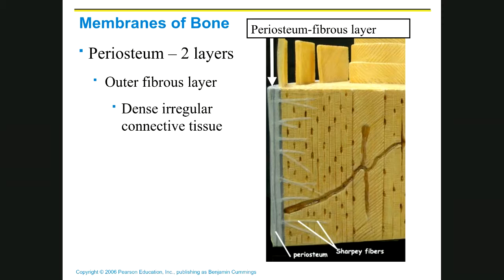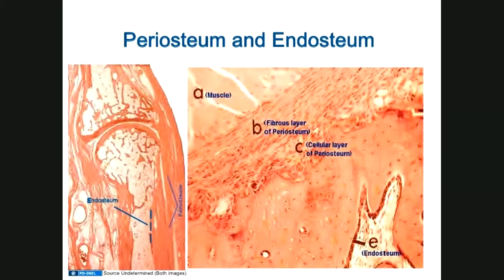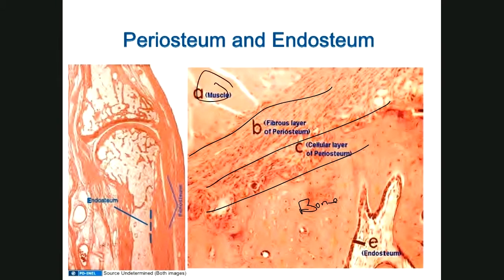If we look at it on a slide, you can still see two layers. There's a layer and there's a layer. So this is the outer one. Here's our bone down here. Here's muscle up there. But anyway, it's this layer right here. And this is dense, irregular. Look at all the fibers that are in it. You can see them. So it's very, very strong and thick and tough.